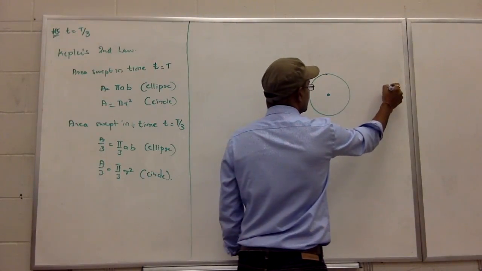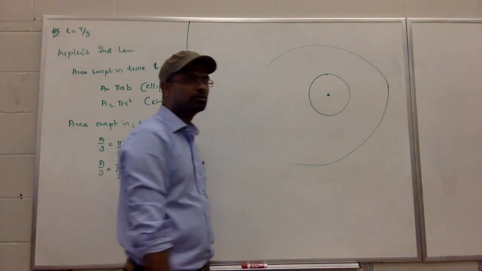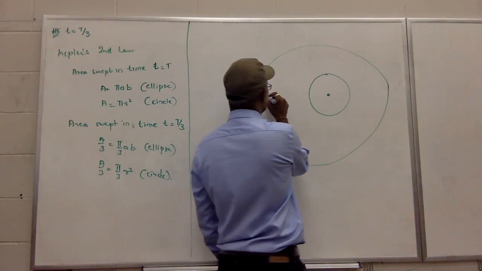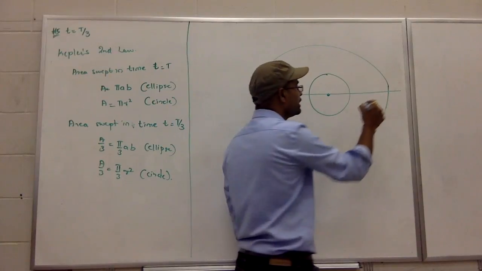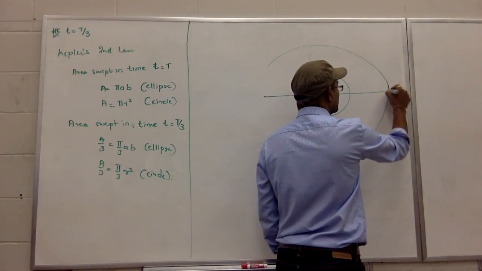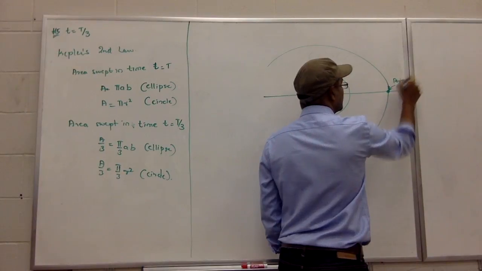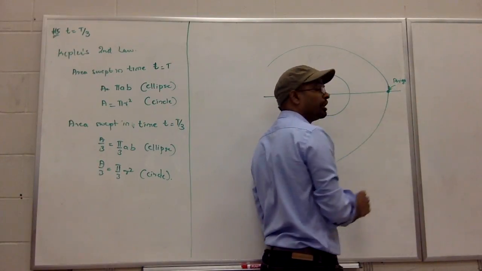This is the orbit. What is the perigee here? Perigee is the point of the orbit when you're closest to Earth. Perigee is this point. What is perigee radius?